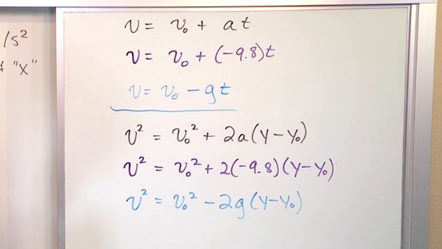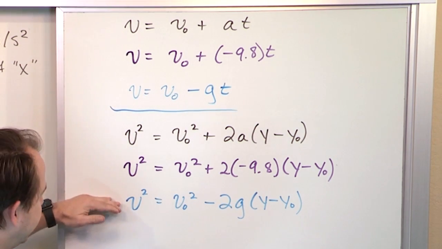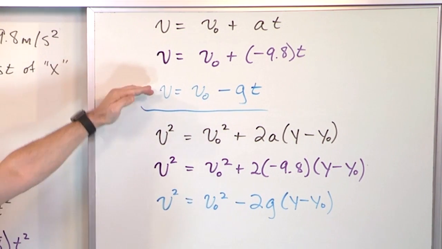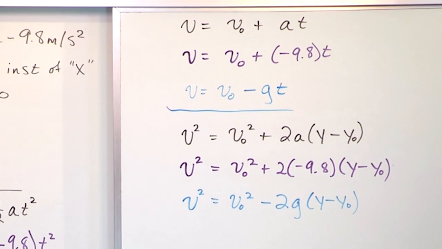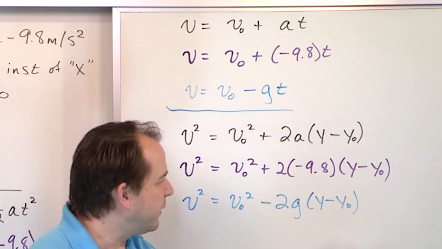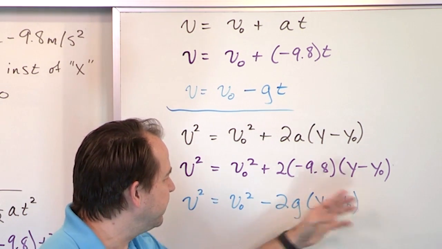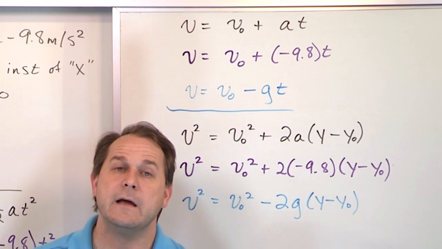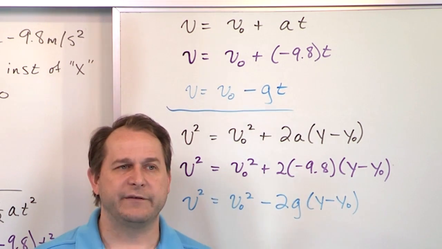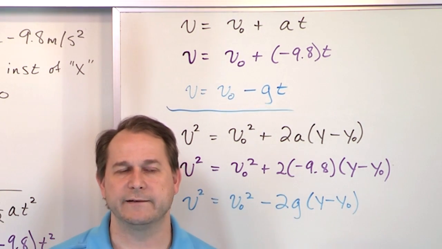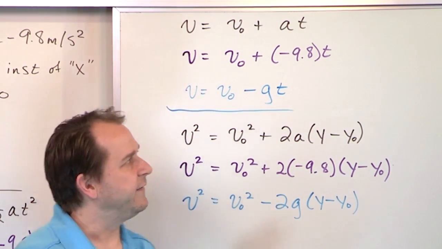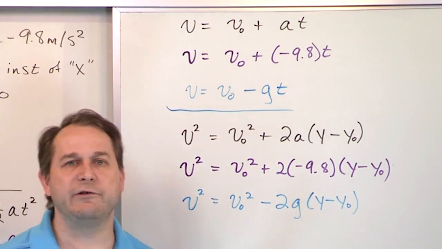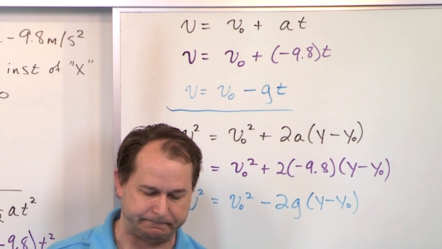So I guess what I'm trying to say is your book might have this blue equation in it for free fall. If you want to use these equations, fine. Minus 2g times y minus y naught, no problem. Just stick a 9.8 in there and you get exactly the same thing. But instead of telling students that there's an additional set of equations to memorize, I prefer to tell them, no, it's exactly the same equations we've always been using. We just stick the proper acceleration in for a.